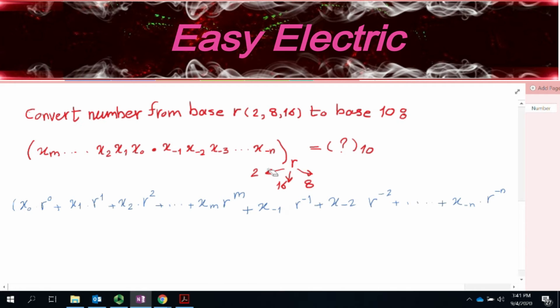These are the times, so we use the same thing that we already used, we just put the dot between. Whatever you get should be the number in base 10.